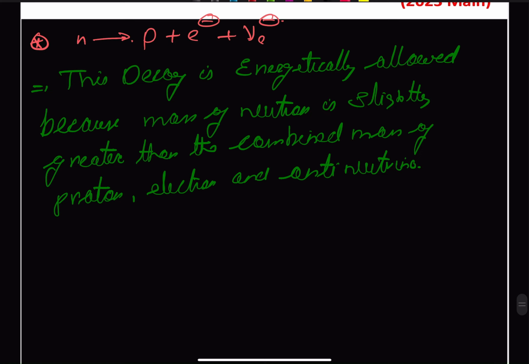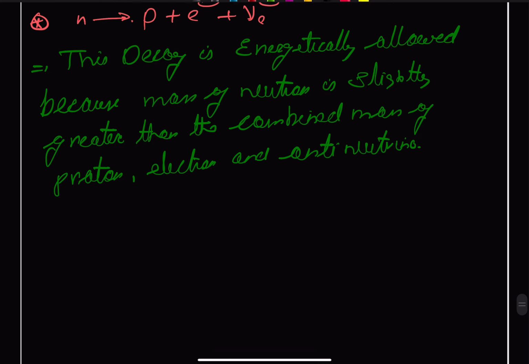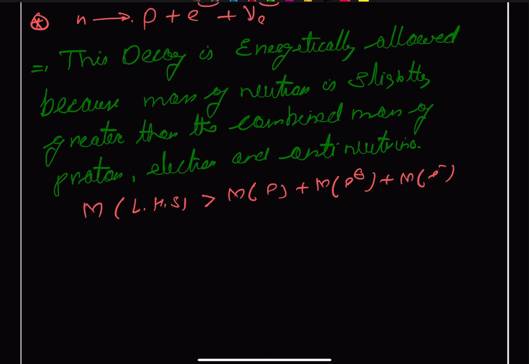Therefore, we can also say that the mass of the left hand side is slightly greater than the mass of our proton plus the mass of our electron plus the mass of our anti-neutrino.